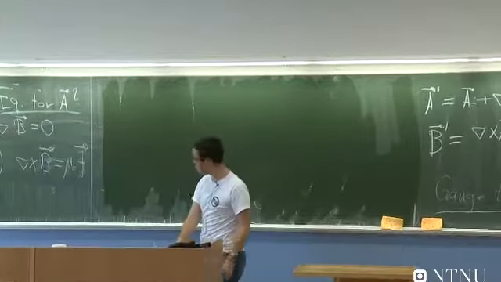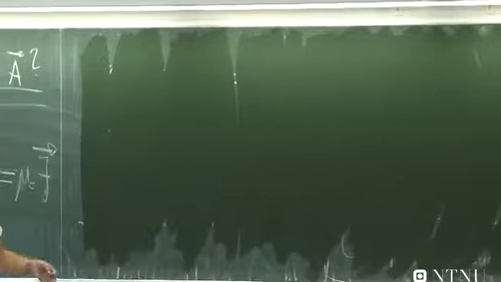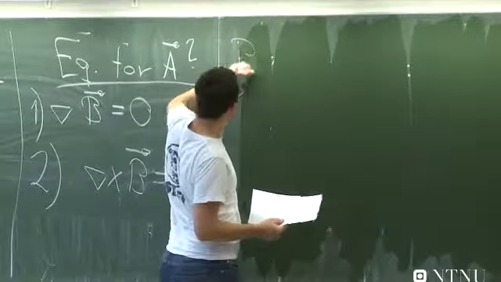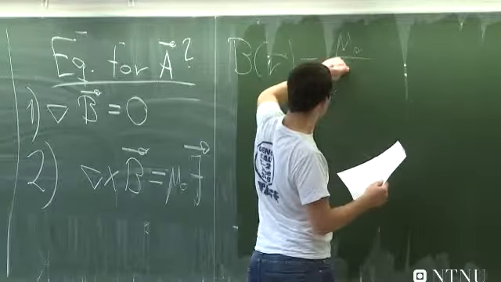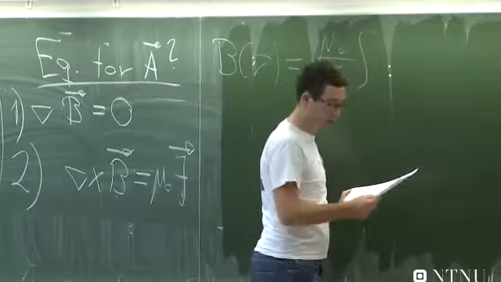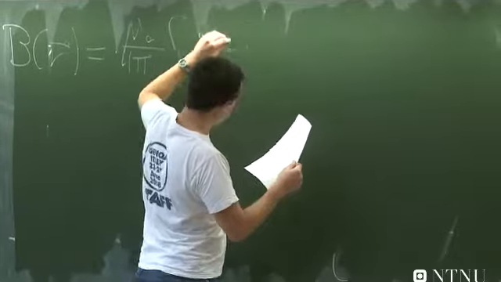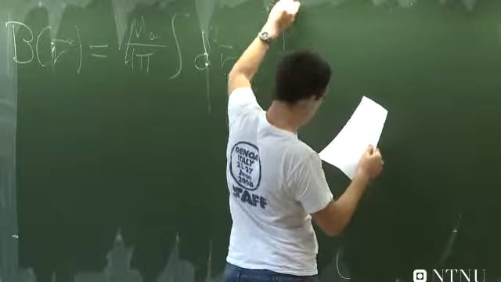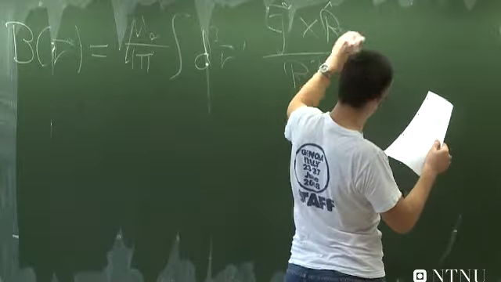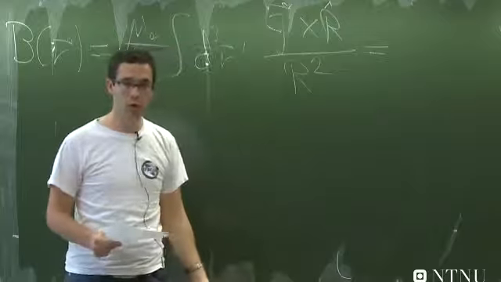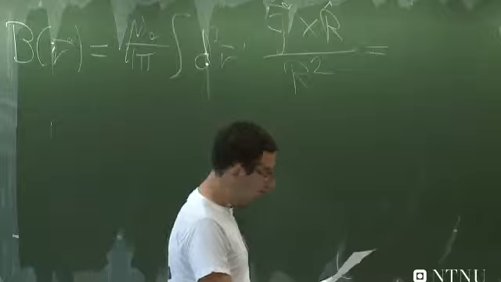So first of all, we just write down the Biot-Savart law, with the constants. Now if you stare at this for a while, you can realize the following: this cross product, I can write as the nabla cross of something.